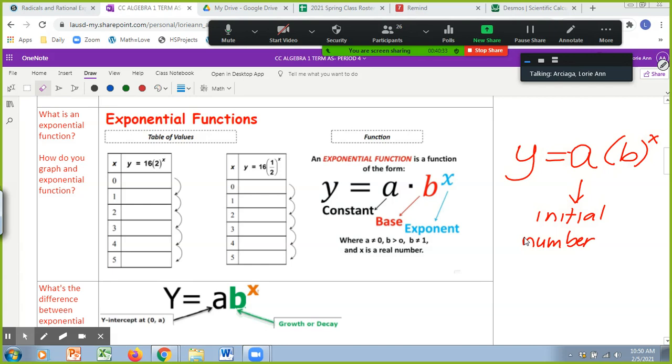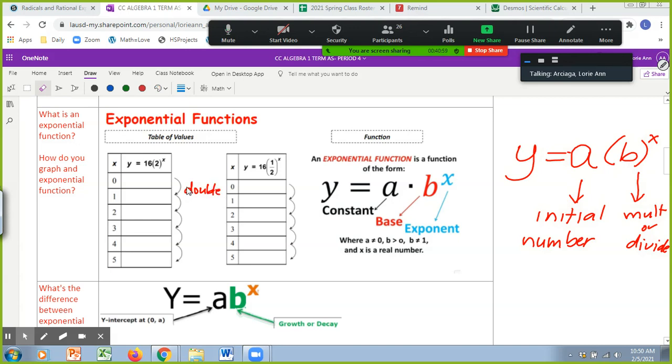And b is the number you multiply or divide. Remember in the first graph we saw today, you said you're doubling it? So here, your base is still 2. So that means you're still doubling the value, right?